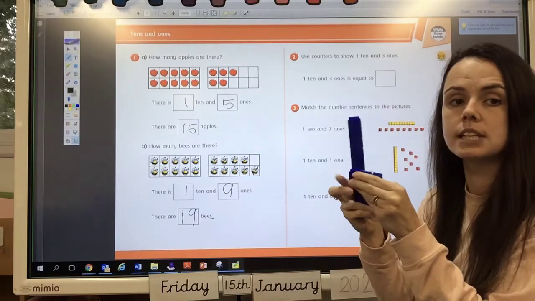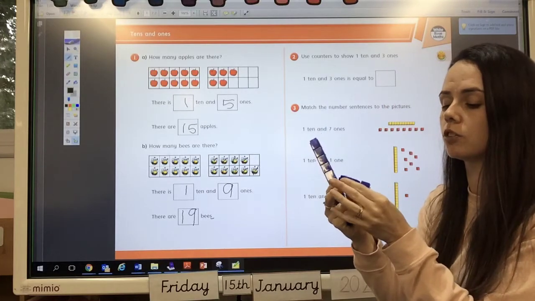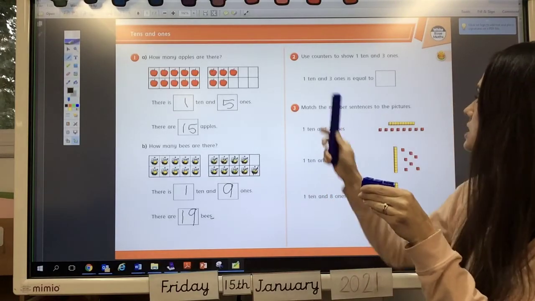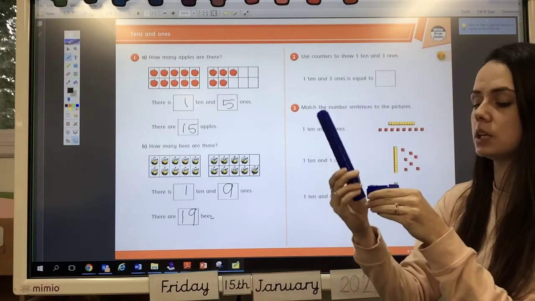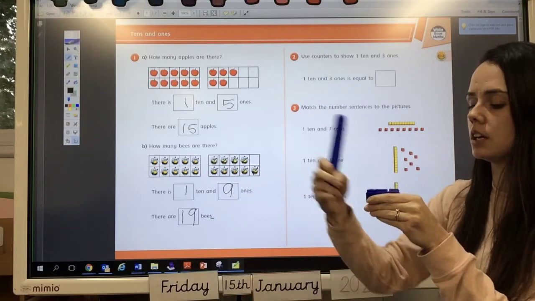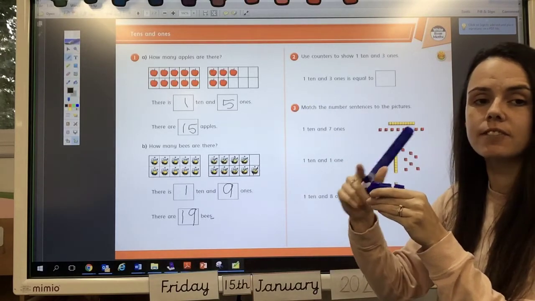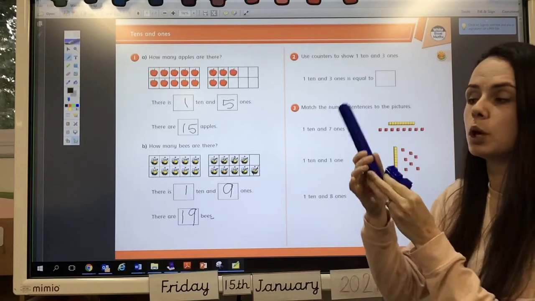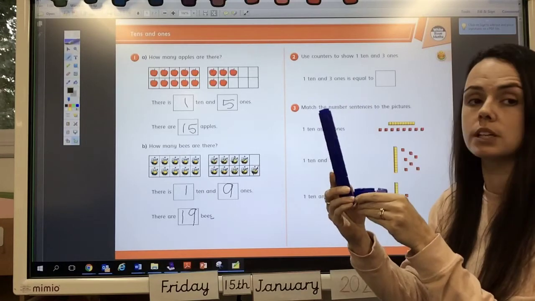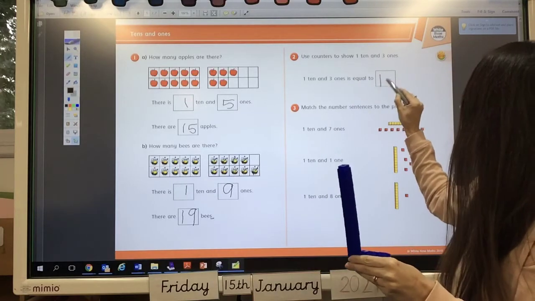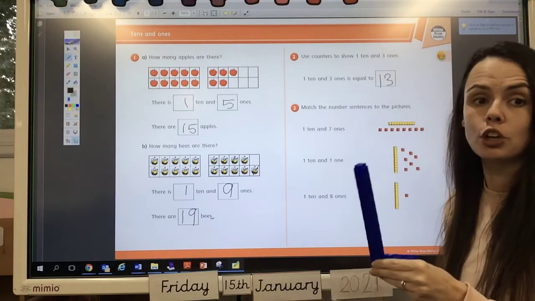So 1 ten stick and 3 ones. How many have I got in total? So it says 1 ten and 3 ones equals 10, 11, 12, 13. Fantastic. So in total, my 1 ten stick and 3 ones makes 13. Well done.